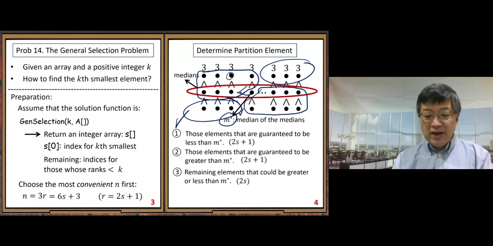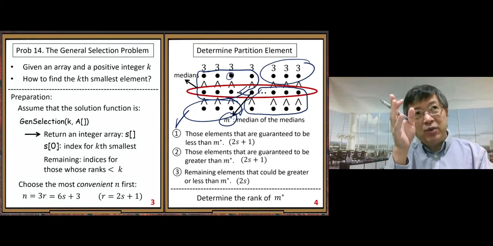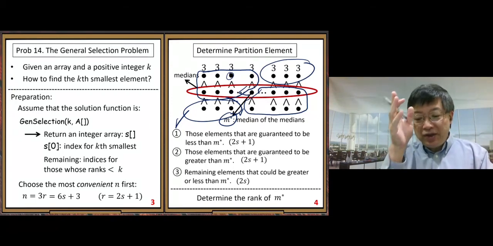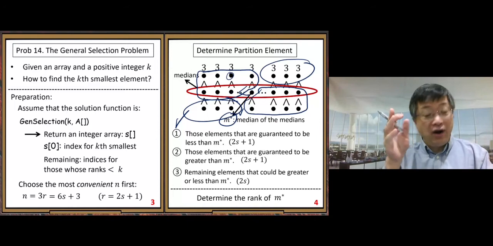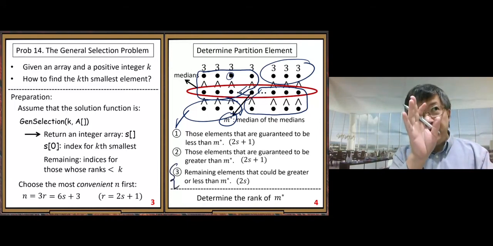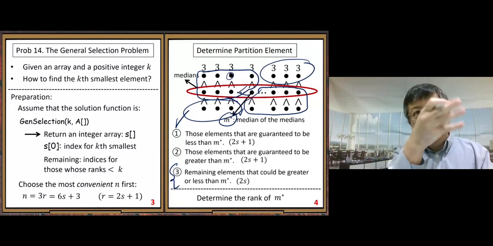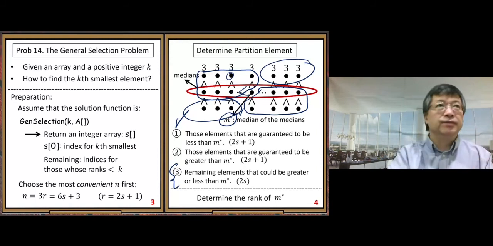All right. Next, we're very close to determining the rank of M star, but we need to resolve the 2s elements derived from step 3.